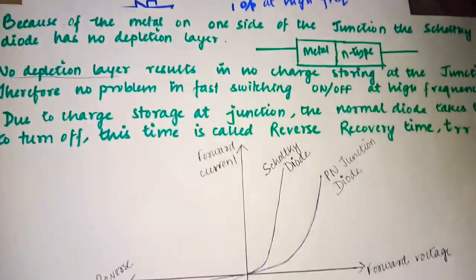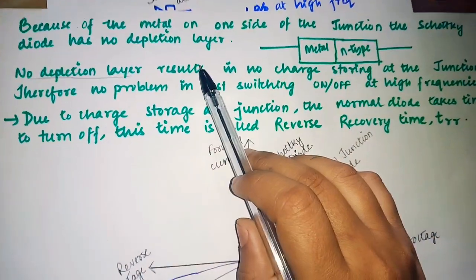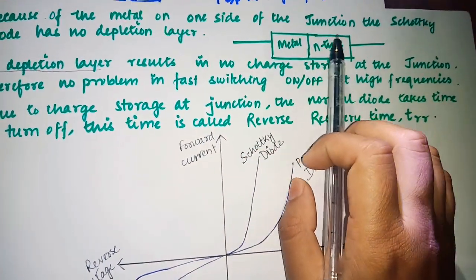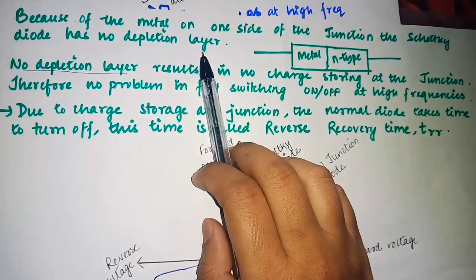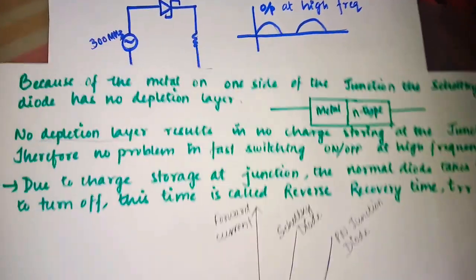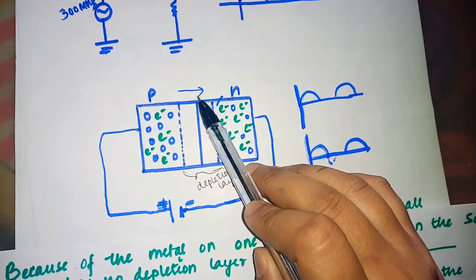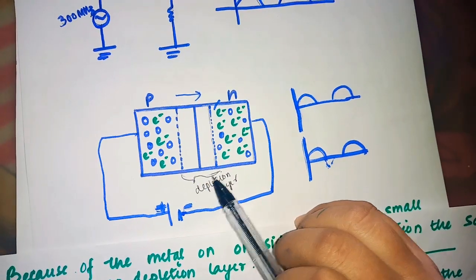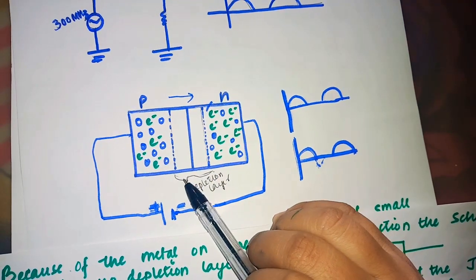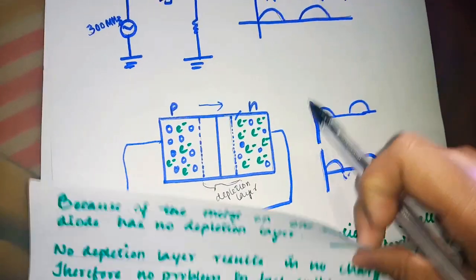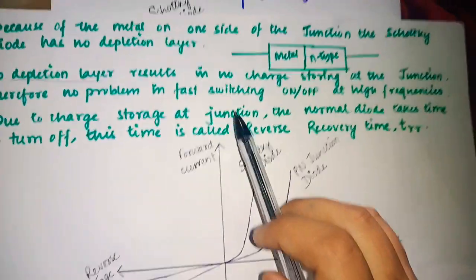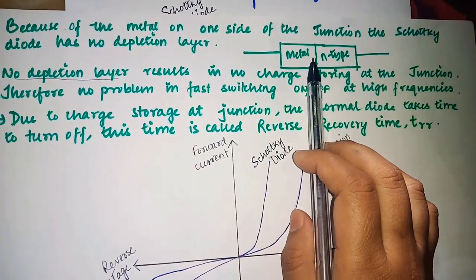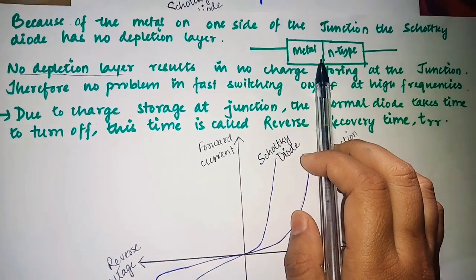Again, because of the metal on one side of the junction, the Schottky diode has no depletion layer. Here we have seen that the PN junction diode has the depletion layer, due to which there is a measurable current. But in the Schottky diode there is no depletion layer.